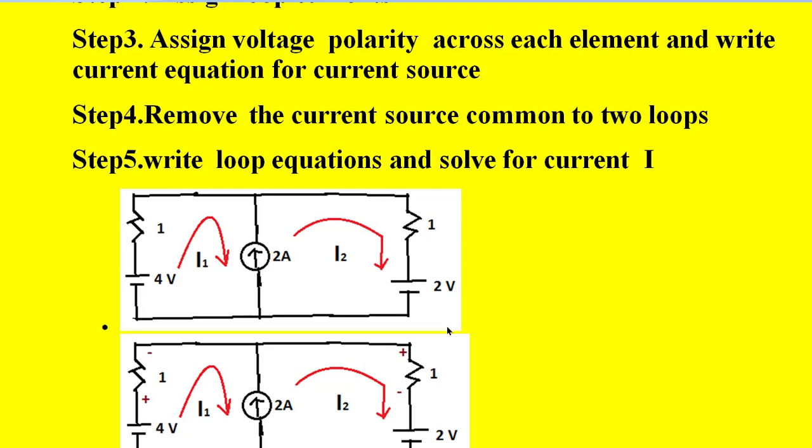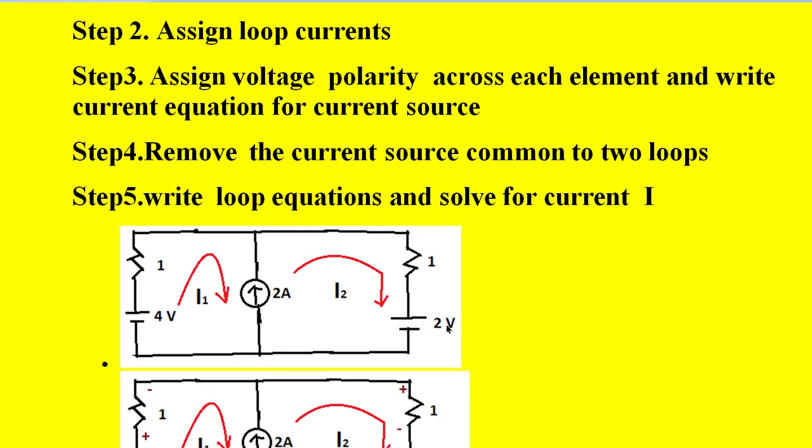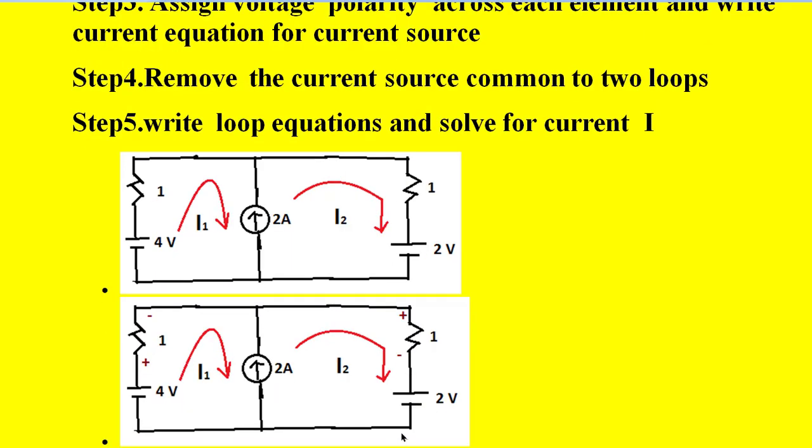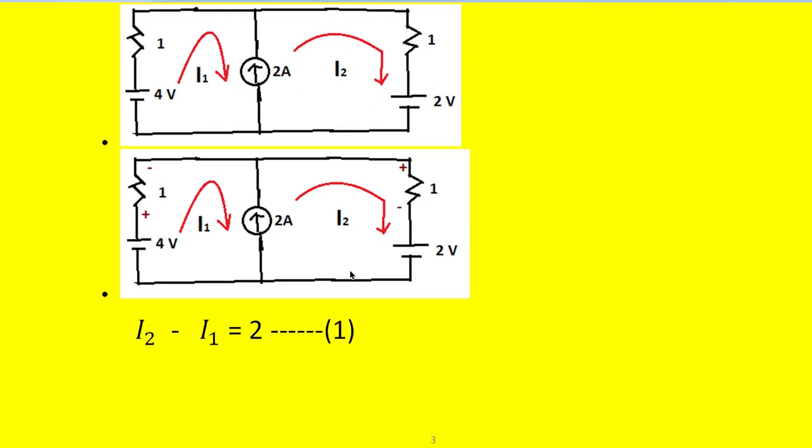So step 3, assigning the voltage polarity across each element, is over. Then we have to write the current equation for the current source. This is the current source, and its direction matches I2, whereas I1 is flowing in the opposite direction through the 2 ampere current source.